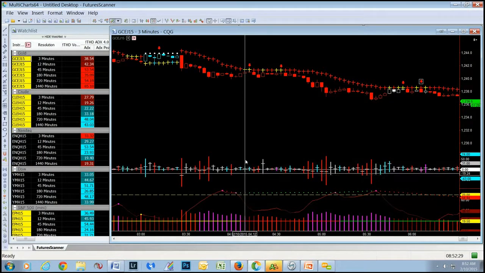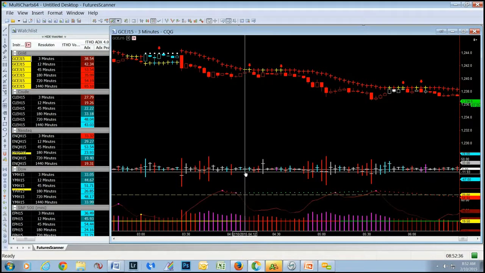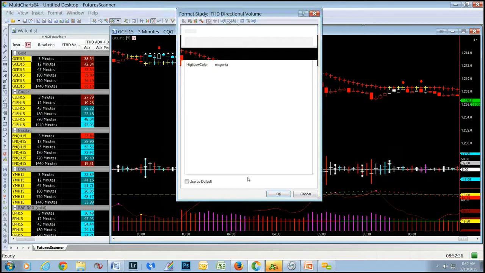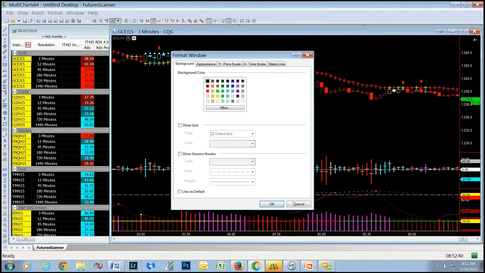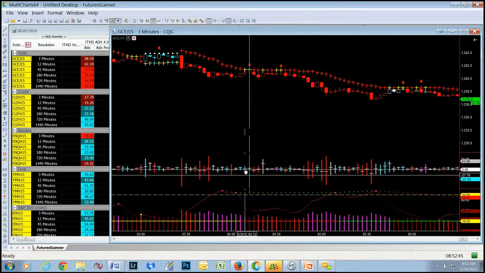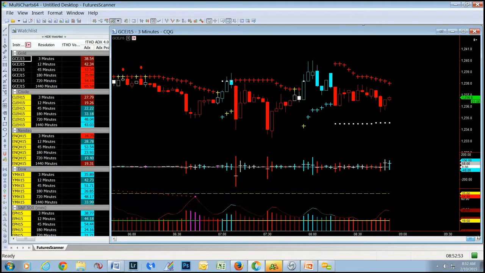Let's see if I can do this. Nope. But I mean, visually, you can see that there was more buyers in this bar than in this bar. Decrease in buyers means down.